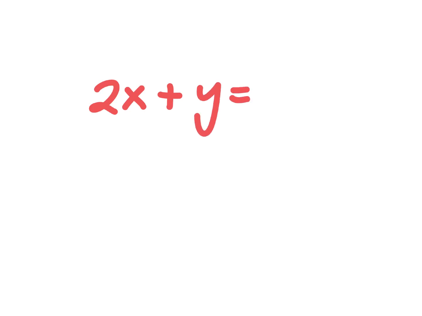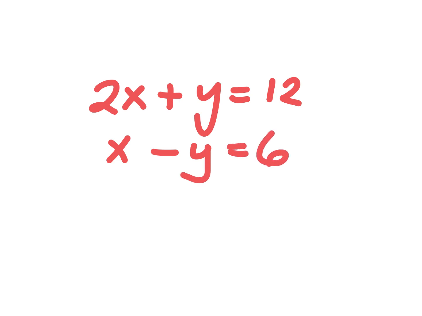I'm going to take 1 more minute for elimination. Would you go off to the side and make this equation, please? 2x plus y equals 12. And x minus y is equal to 6. Now that one on purpose, I made it good for one of the ways. Do you get this is not good for graphing?